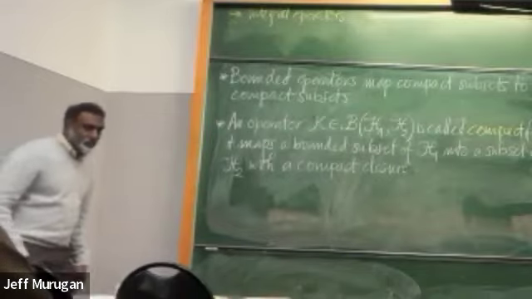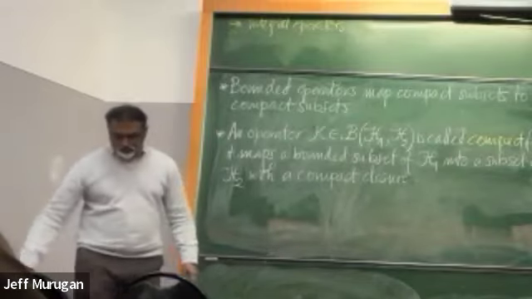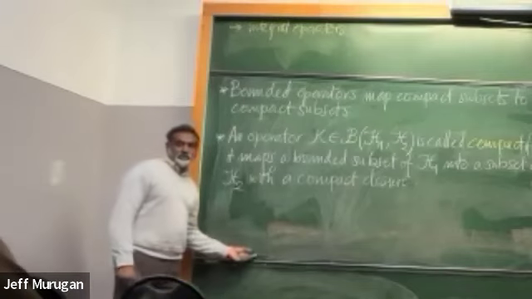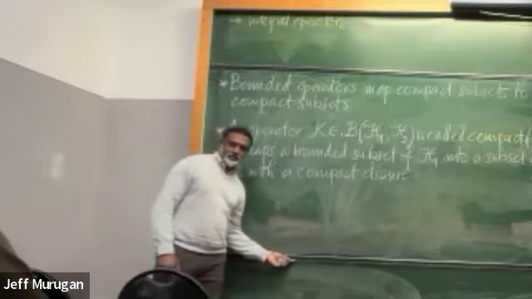We would like a more operationally useful definition. So to that end, let me give you another definition, which probably doesn't sound more useful, but it turns out it is.